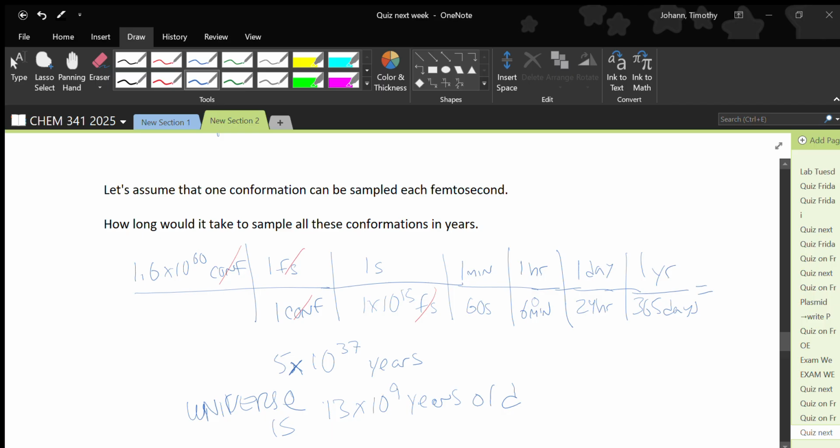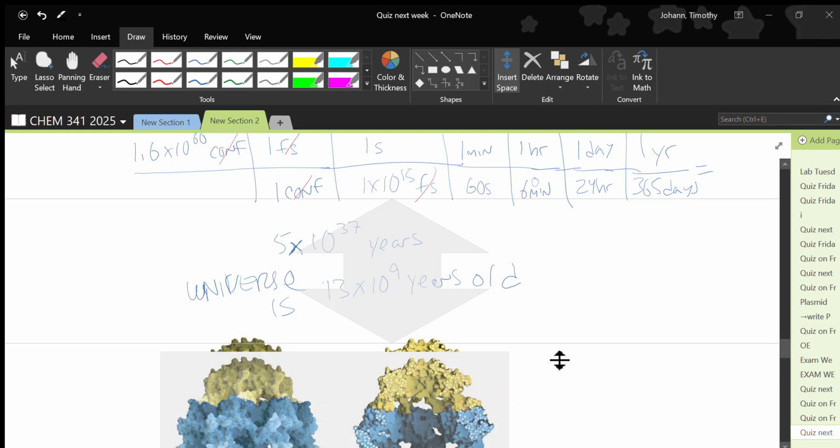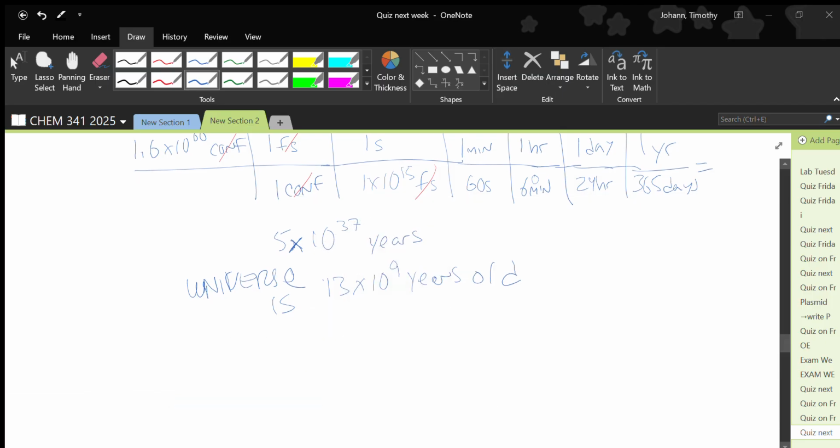So can it work? No. Can this be the way proteins do that? No, because it would take way too long, incomprehensibly too long. So proteins have to fold by some sort of smarter method. There has to be some sort of more directed method that causes it to happen.